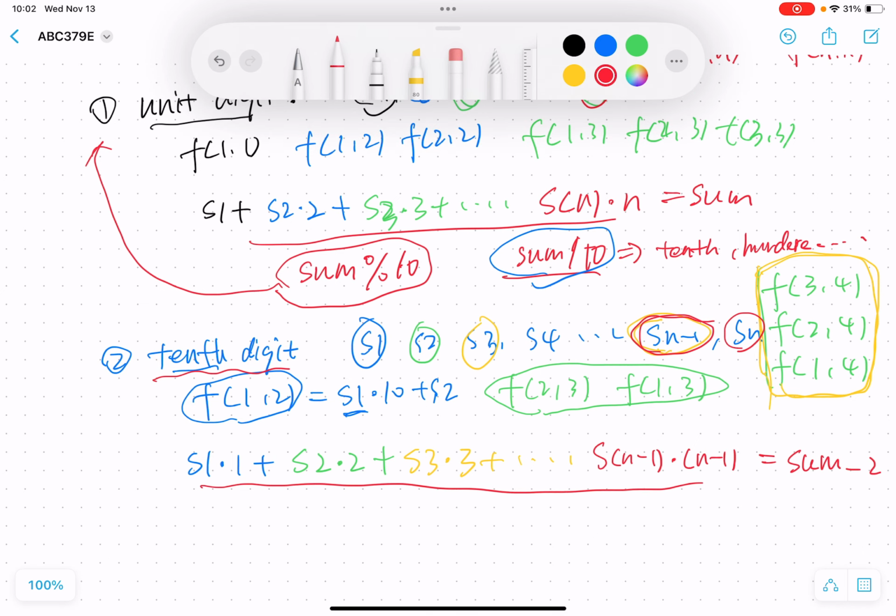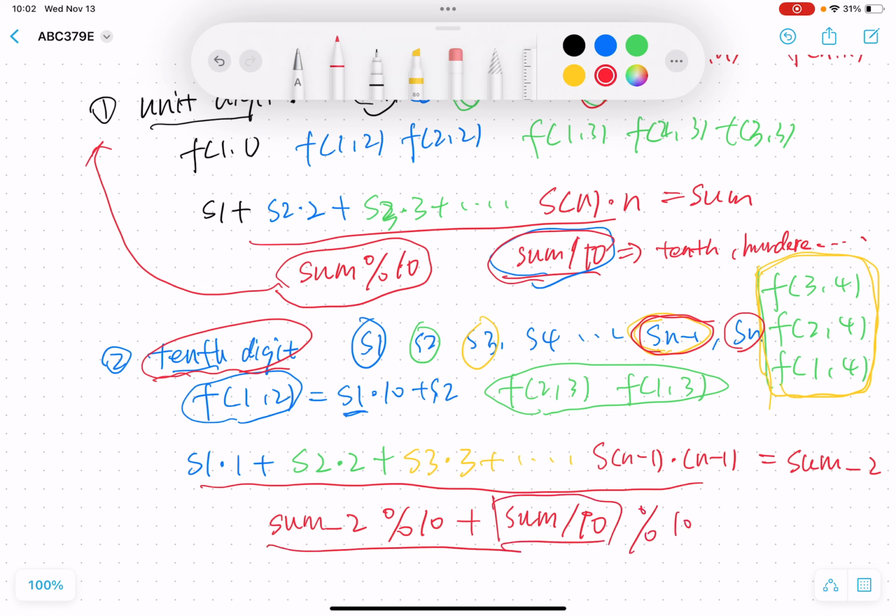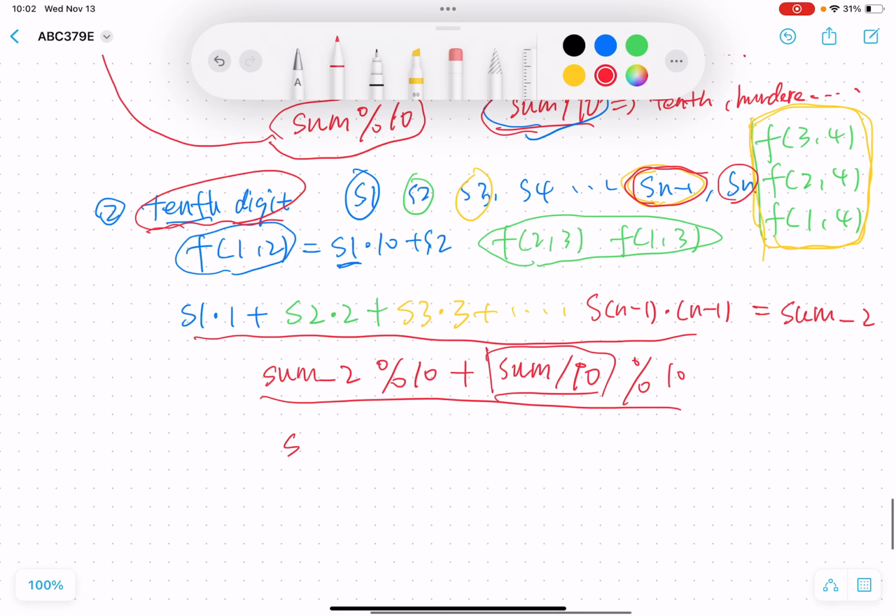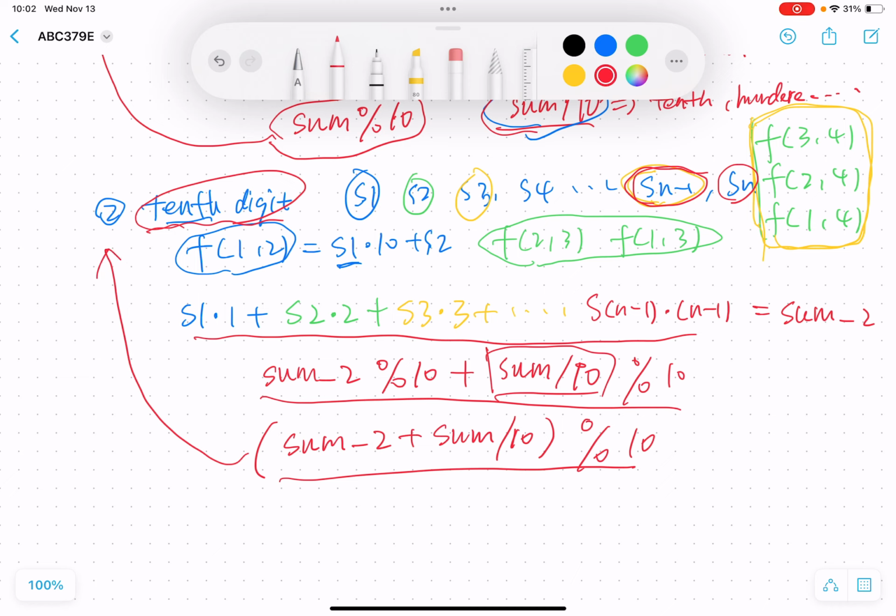Okay, so the tens digit will be sum 2 plus the carry, sum divided by 10. That means the first part. This is sum 2 plus sum divided by 10. After summing them, we need to take modulo 10. This will be the tens digit.